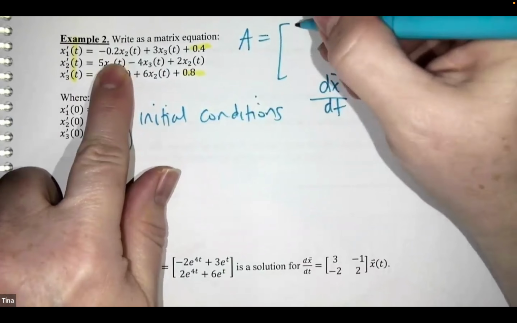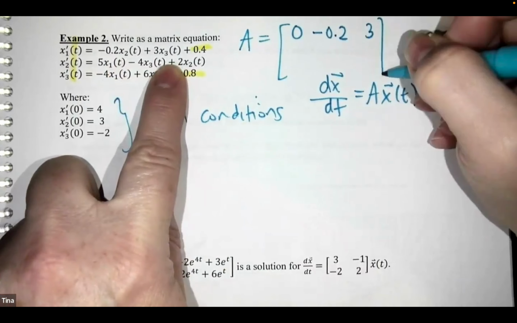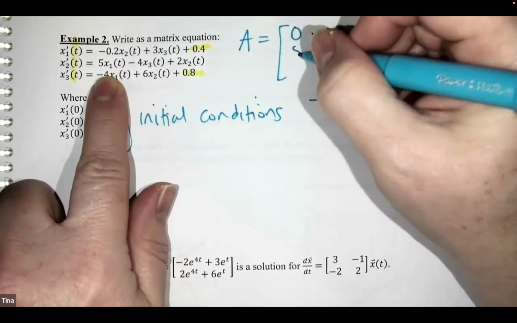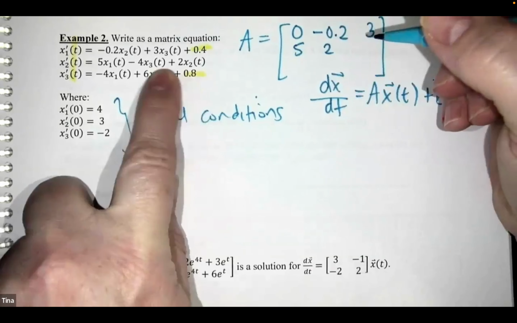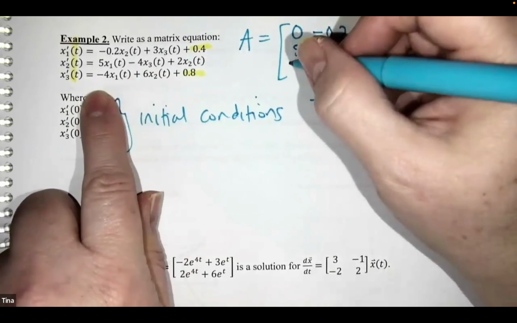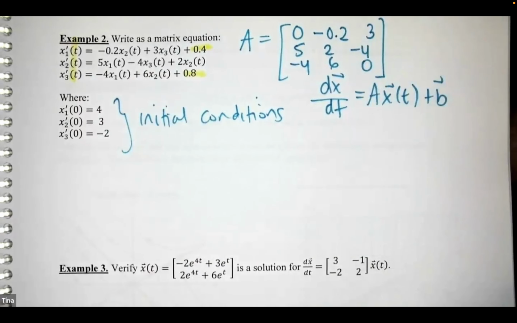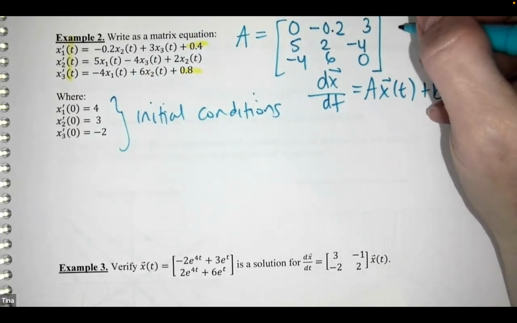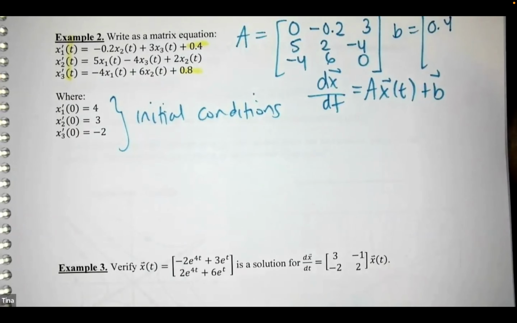We don't have an x1, so 0. We have negative 0.2 x2, 3 x3. And this one we have 5 x1, 2 x2's out of order, negative 4 x3. And then this one has negative 4 x1, 6 x2, and no x3s. So that's my A. And my B is the numbers that don't have x's attached. So 0.4 and nothing, so 0 and 0.8.